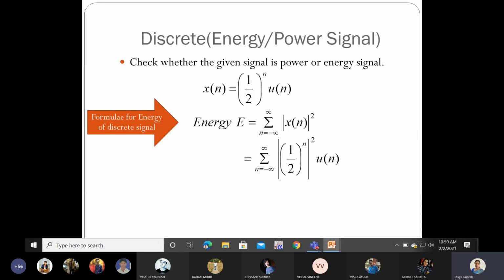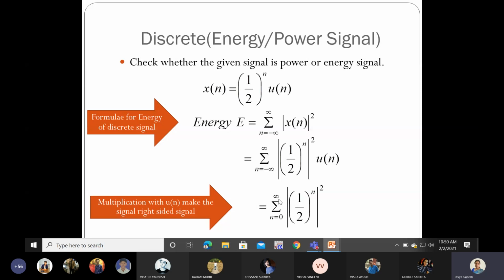Now if any signal is multiplied with u of n, u of n is the unit step signal. So if any signal is multiplied with the u of n, then you will obtain the right hand sided signal. That means instead of minus infinity to infinity, now if you multiply it with u of n, the signal will change to 0 to infinity. It will become a right hand sided signal.